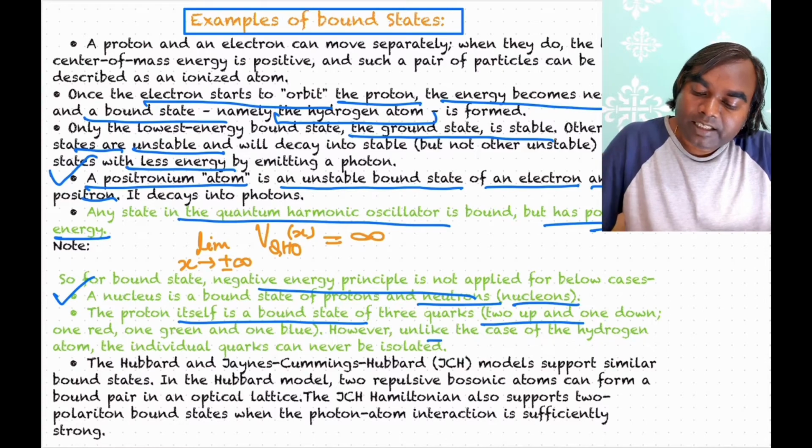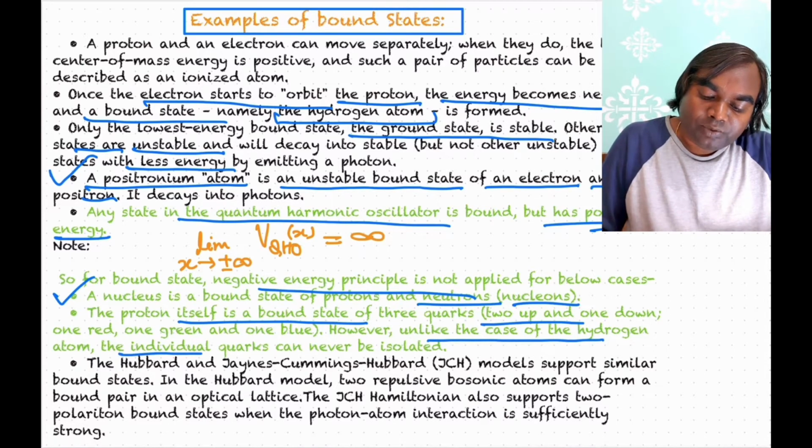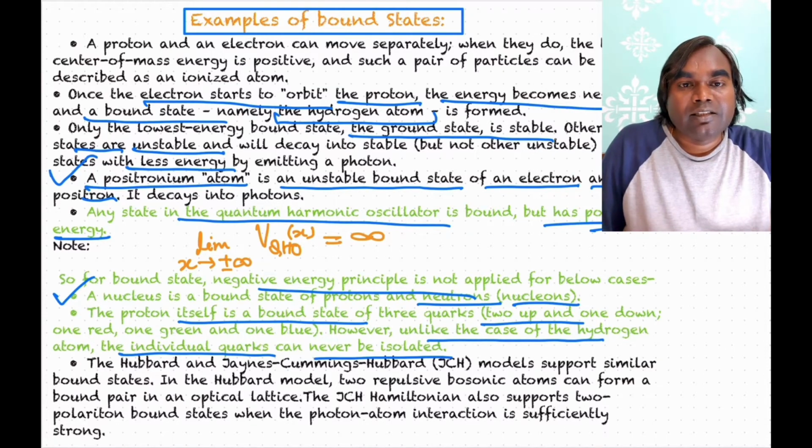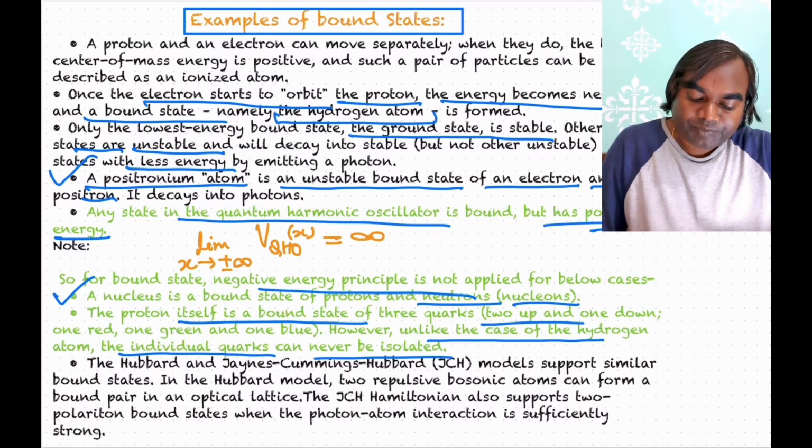However, unlike the hydrogen atom, the individual quarks can never be isolated. The condition is that quarks are never found separated, meaning individually in nature. They are always found in the form of protons and neutrons.